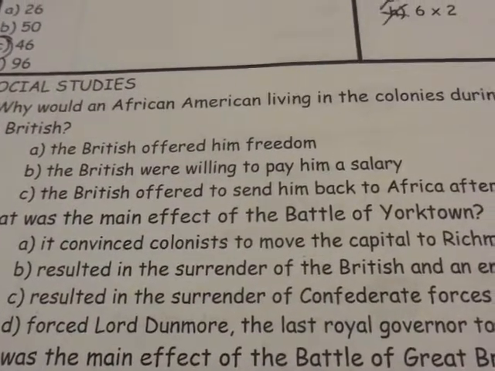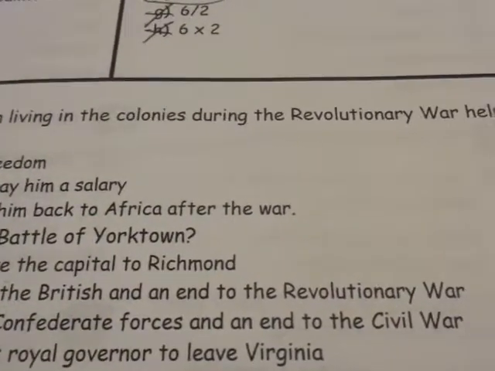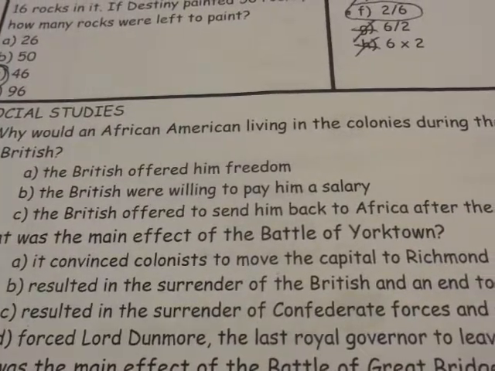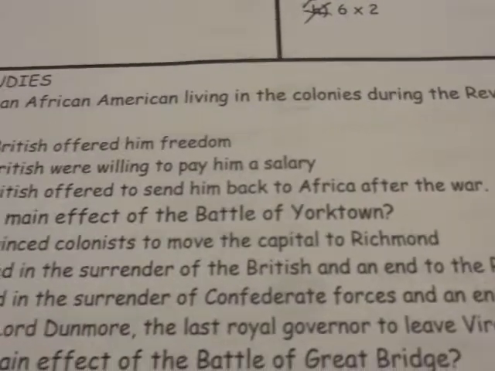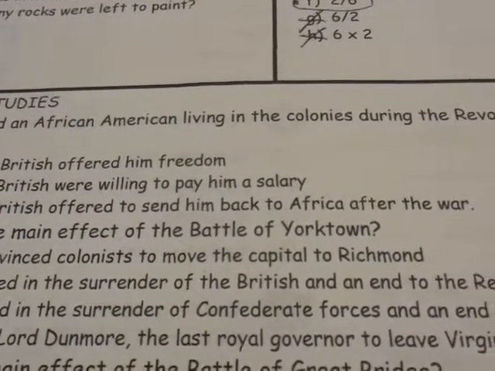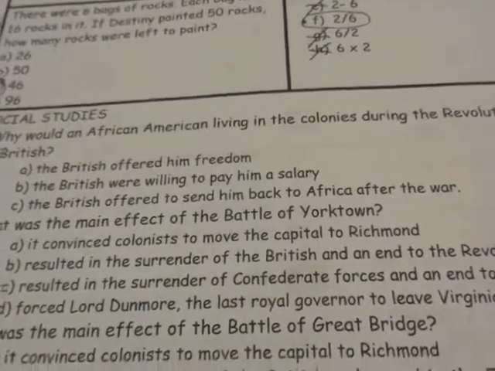B, it resulted in the surrender of the British and the end to the Revolutionary War. C, it resulted in the surrender of the Confederate forces and an end to the Civil War. D, it forced Lord Dunmore, the last royal governor, to leave Virginia. So you got to think of which war this had a major effect on.